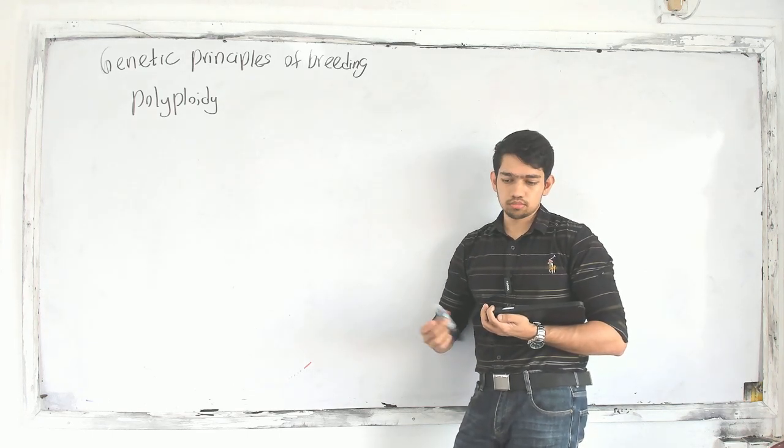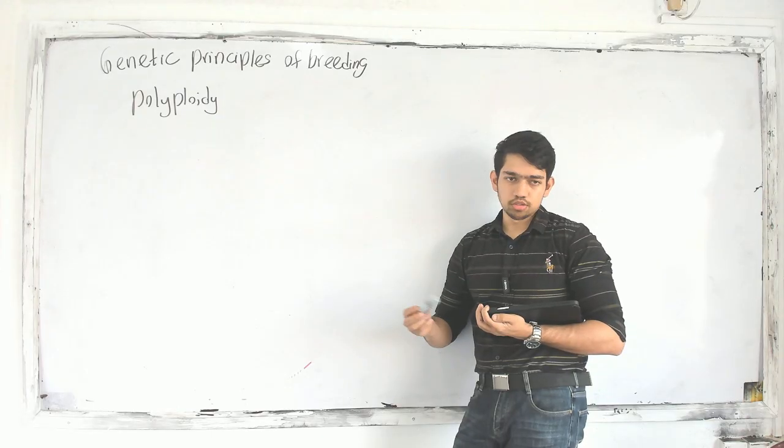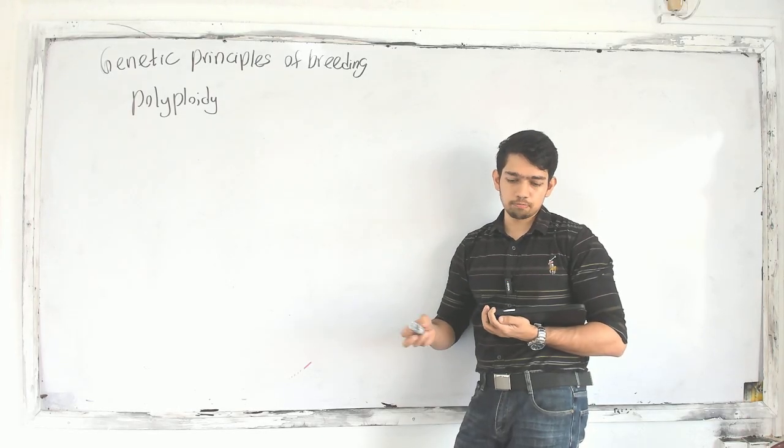Genetic principles of breeding. We are making a short note. Genetic principles of breeding. First one, polyploidy.